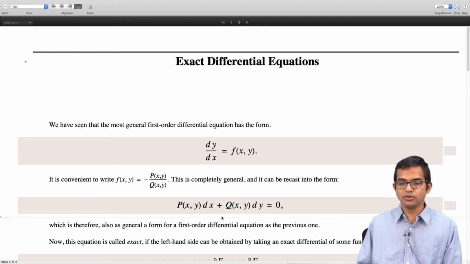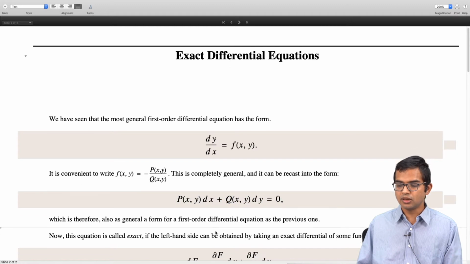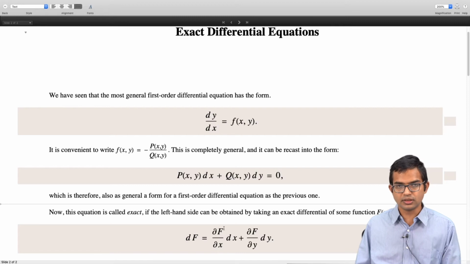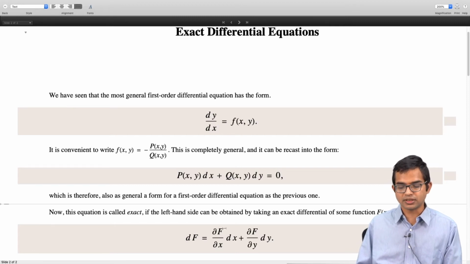Now we will introduce the notion of an exact differential equation. We would call this differential equation exact if it can be obtained from some function of x comma y. So if we are able to find some function f of x y such that the differential of this function, which involves these partial derivatives, since f is a function of both x and y, is given by dou f by dou x dx plus dou f by dou y dy, right?